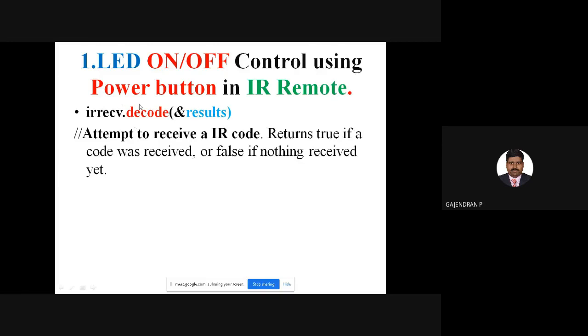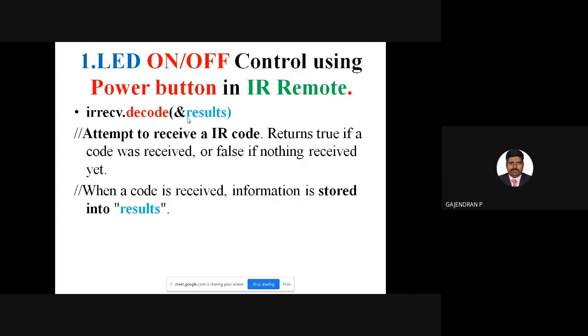By checking this, I can check whether I have received valid information or not. At the same time, it will store the value into the variable called results. So it does two things: one, it checks; the second, it stores the information into results.